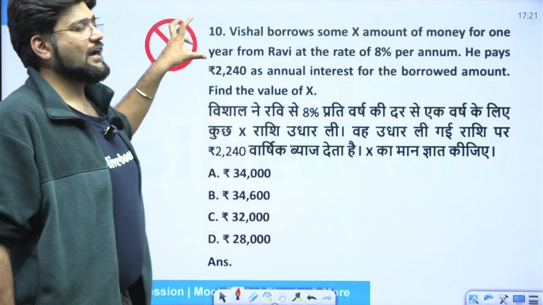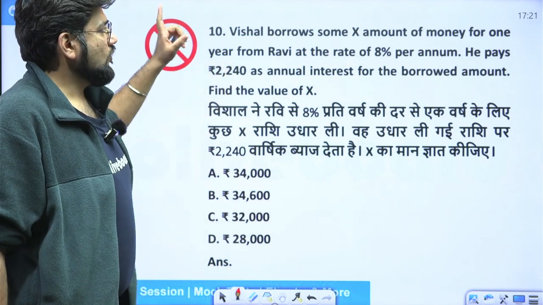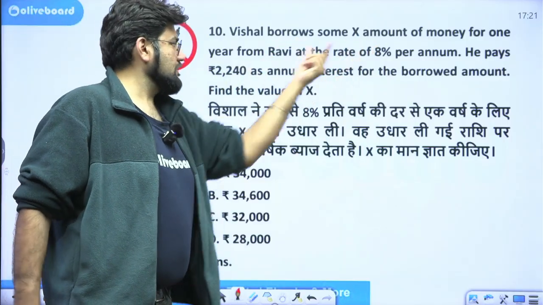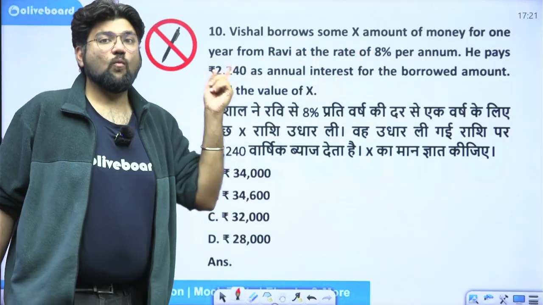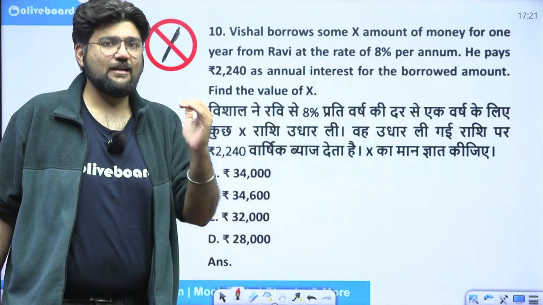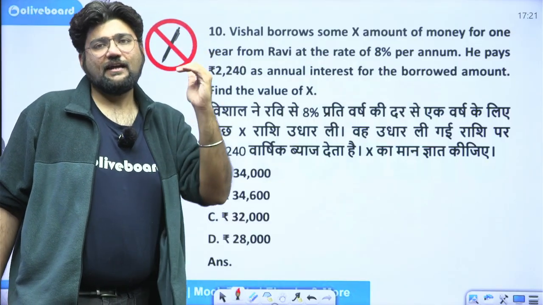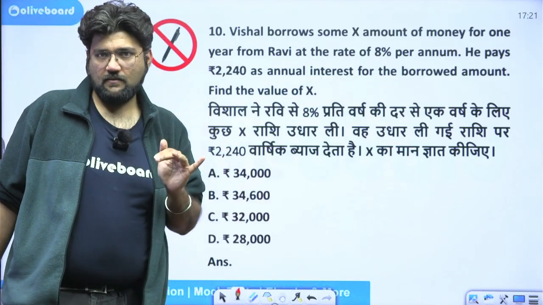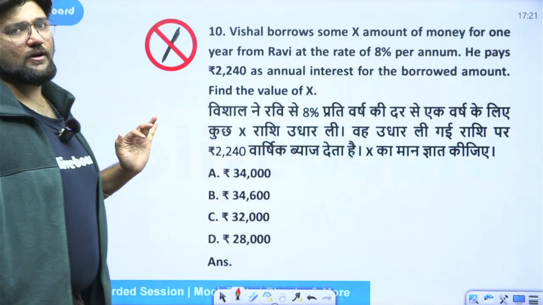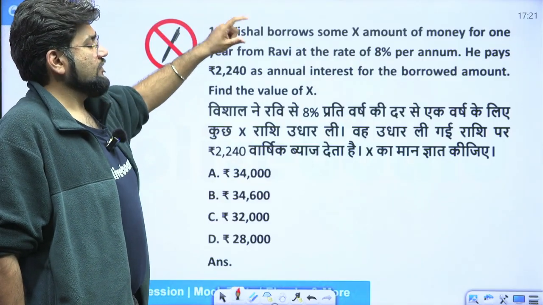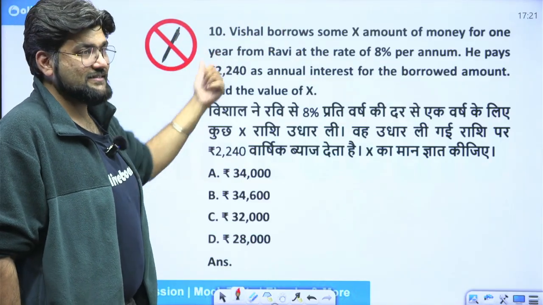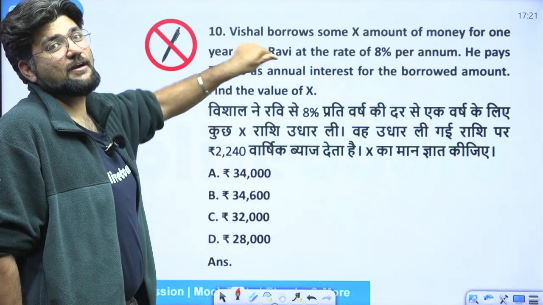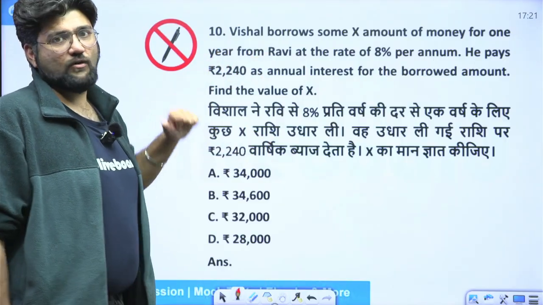And what is the question trying to say? You don't even need the formula. The question is trying to say that I have borrowed some principal. 8% of that principal is 2240. What is 8%? 8% means 8 by 100. 8 by 100 means you can say this is 2 by 25. Agreed? So 2 by 25 times the principal is this interest. So this interest multiplied by 25 by 2 will give you your answer.